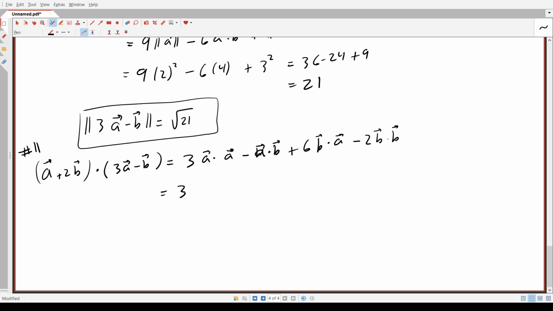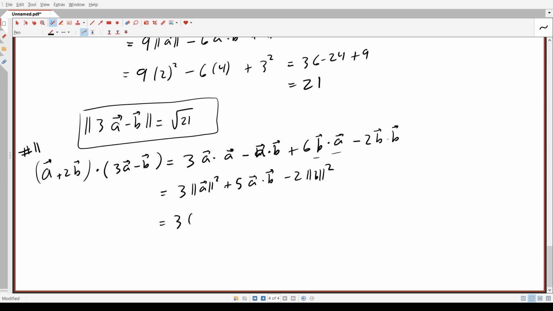Rewrite in exactly the same way, 3 norm a squared. So again, I swap the order. So I have minus a dot b plus 6 a dot b, so that's going to be plus 5a dot b minus 2 norm b squared.